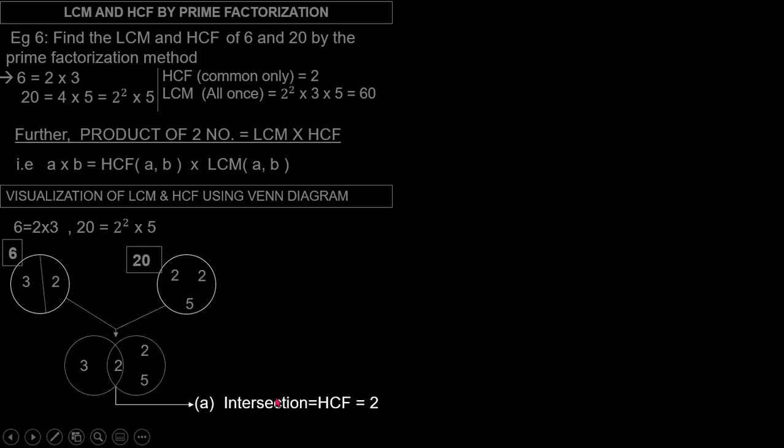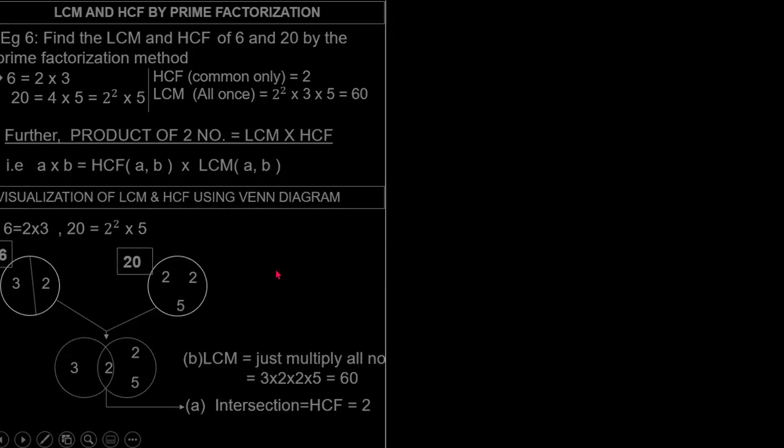So whatever is common, we call that the intersection, and that intersection is nothing but HCF, in this case 2. Okay. For LCM, we just multiply all these numbers, 3 into 2 into 2 into 5, and the answer is 60. So this is how to do the same problem using a Venn diagram or visualization of LCM and HCF.